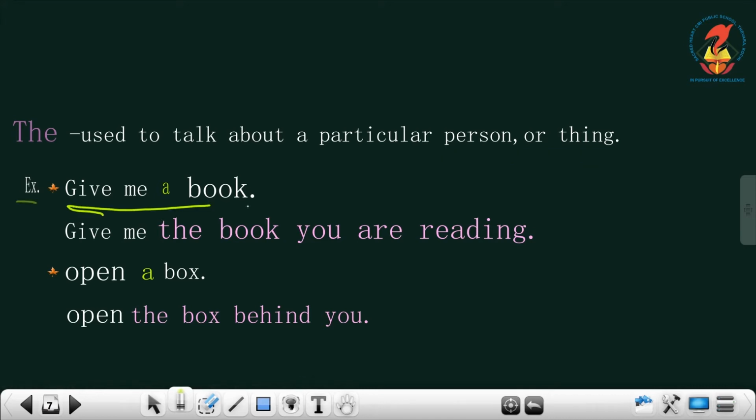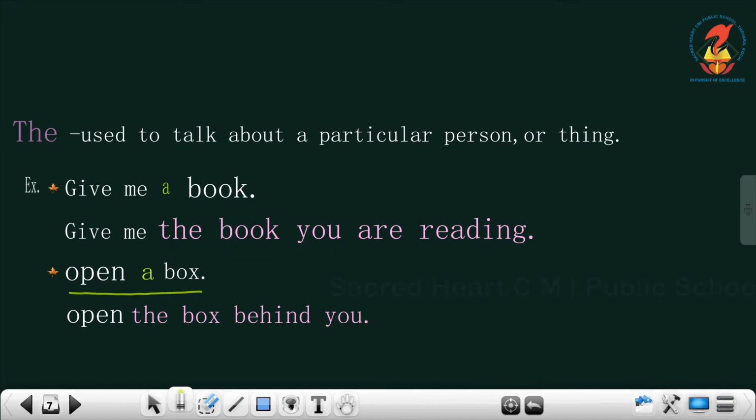Example, give me a book. Give me a book means give me any book. But when we are saying it particularly, give me the book you are reading. The book you are reading.